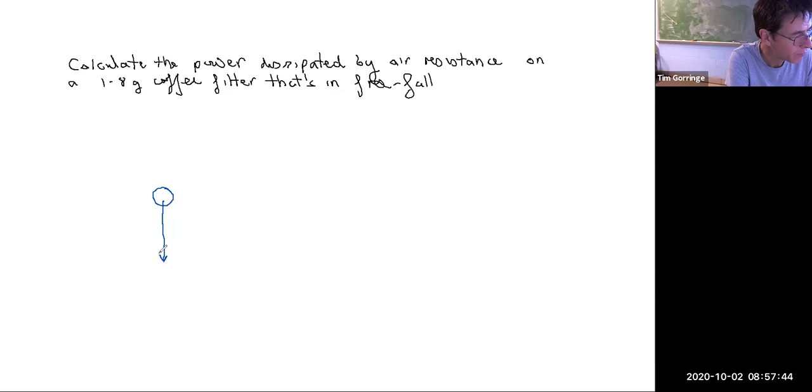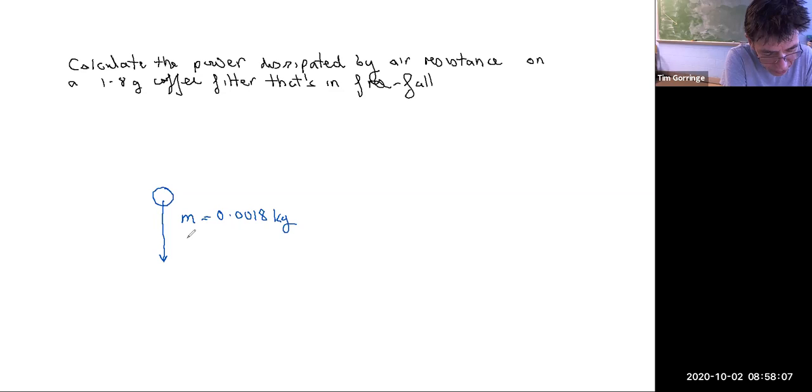Here's its motion. And we know, or we're told, a couple of things about the coffee filter. Its mass is 1.8 grams, or 0.0018 kilograms.